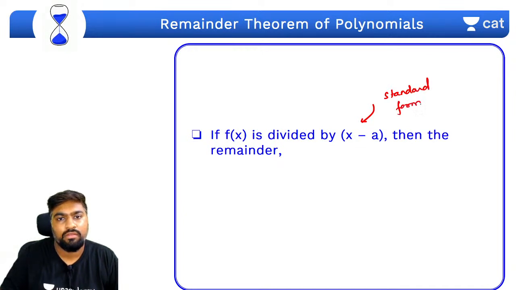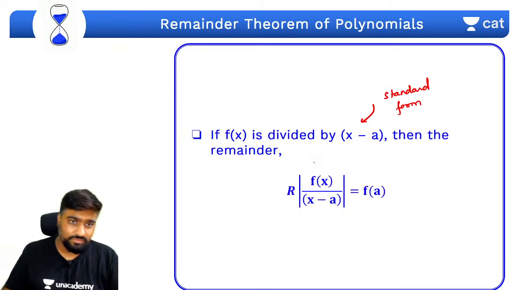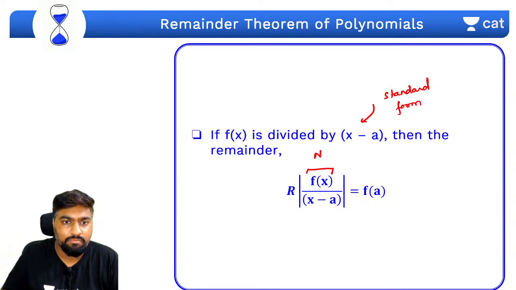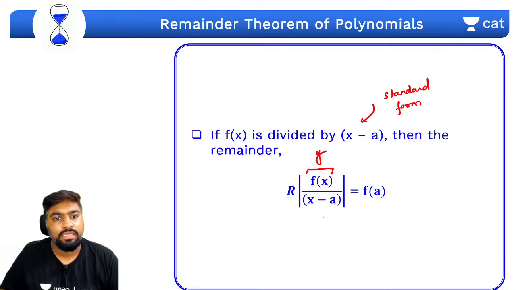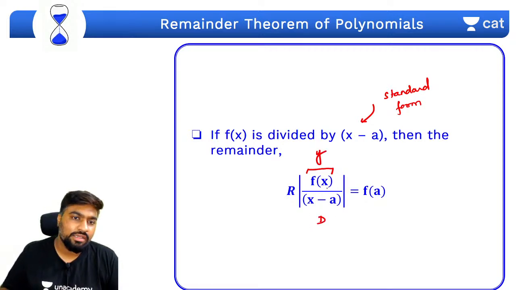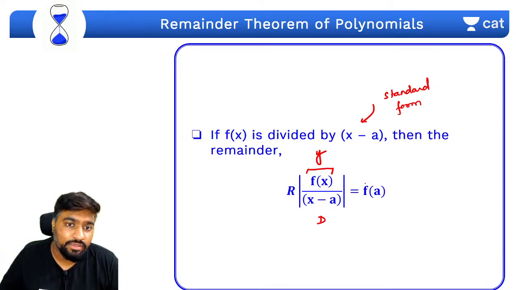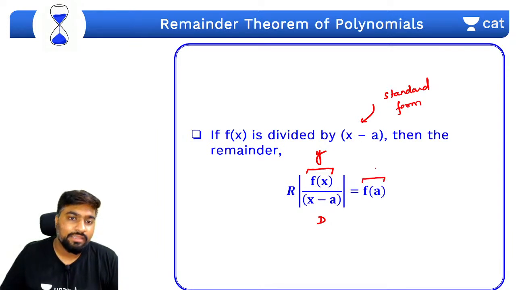Then the remainder when f of x is divided by x minus a is equivalent to f of a. That is, you substitute this a in f of x. Yes, f of x when divided by x minus a will always leave a remainder of f of a.